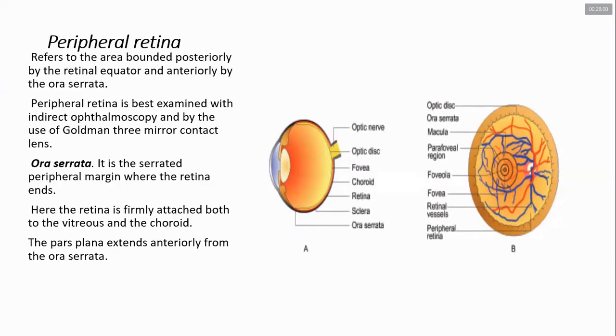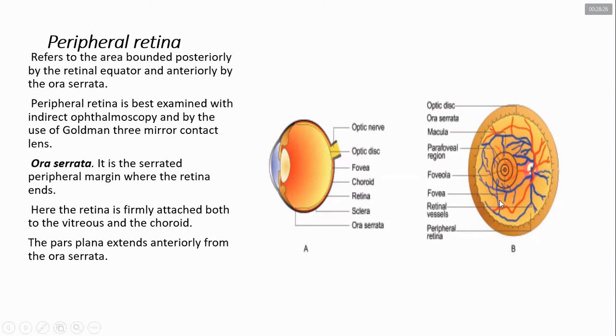The peripheral retina refers to the area bounded posteriorly by the retinal equator and anteriorly by the ora serrata. So this is the ora serrata and the equator.